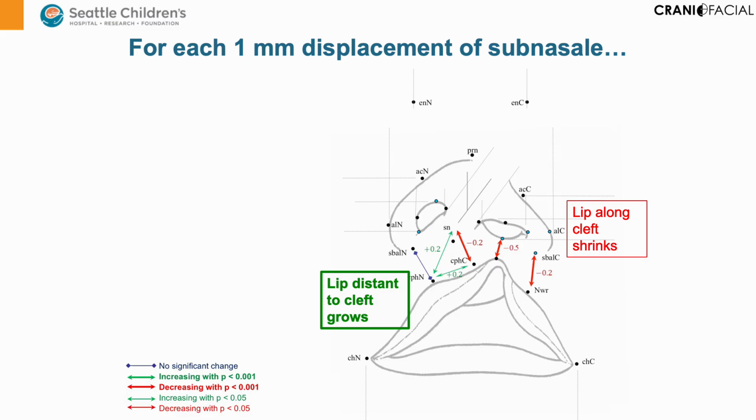The more severe the cleft, the shorter the tissues become along the sides of the cleft. There's hypoplasia here. But what hasn't been recognized is that there's some green away from the area of red. You can see that on the non-cleft side, the lip height starts to grow the greater the severity.